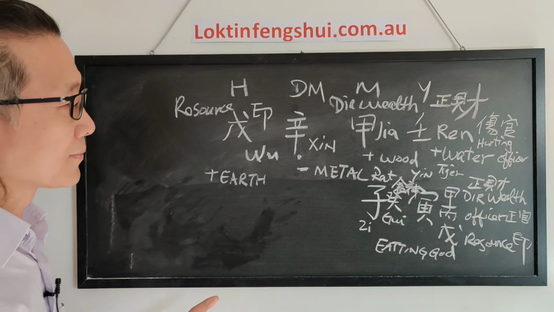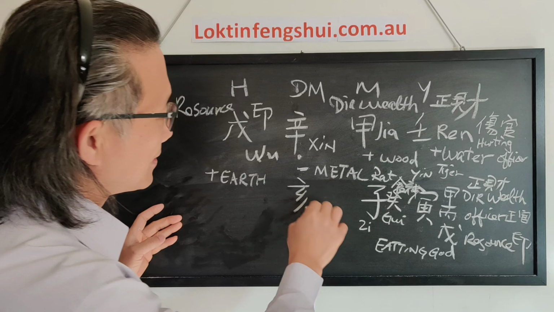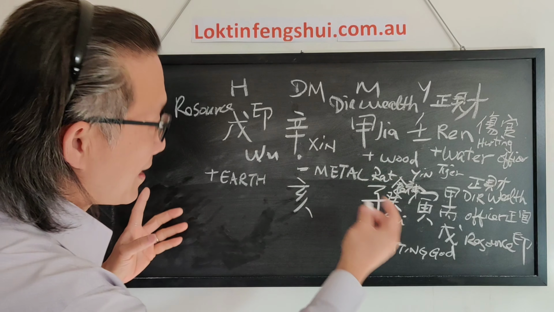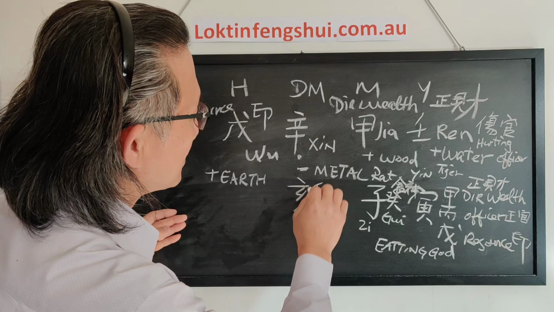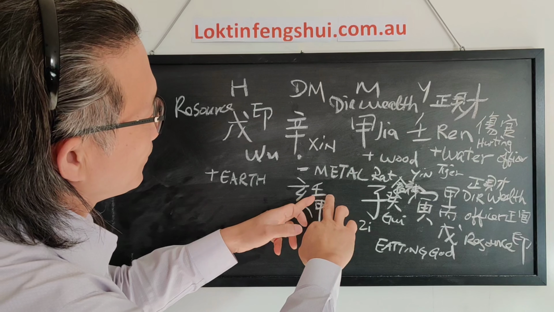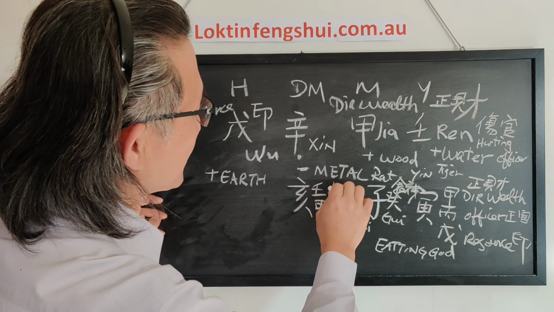And let's say for the day master the branch here is a high. Let's say it's a high. So xin high. High, remember it has the yang water in there, the ren, yang water, and the jia. So ren, which you know, Ren here is the hurting officer.